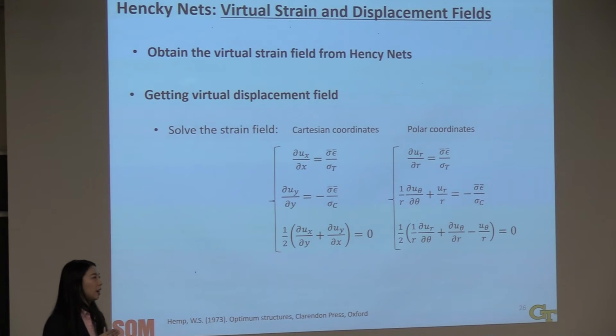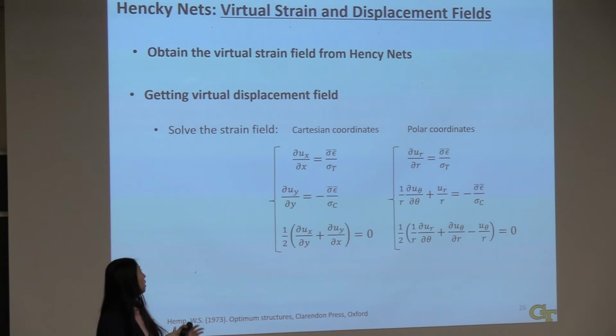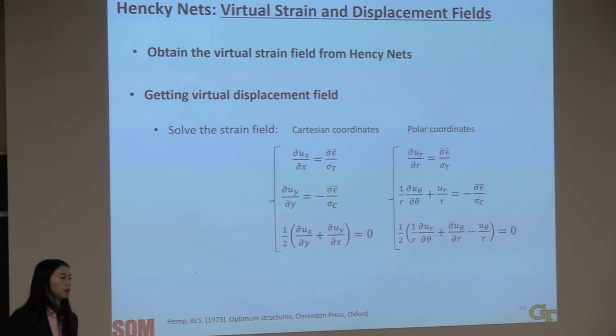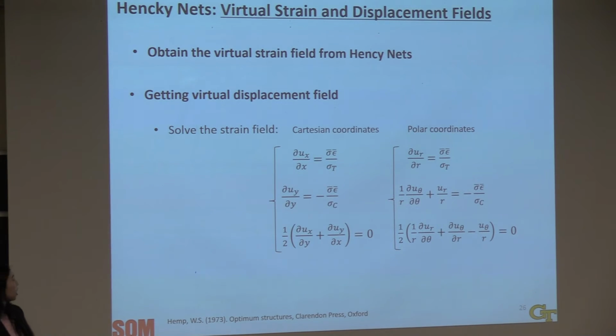Usually the virtual strain field from the Hencky nets is written in some coordinates, for example the Cartesian or the polar, which you already have. And then the second thing is to get the virtual displacement field, which is to solve these PDEs.